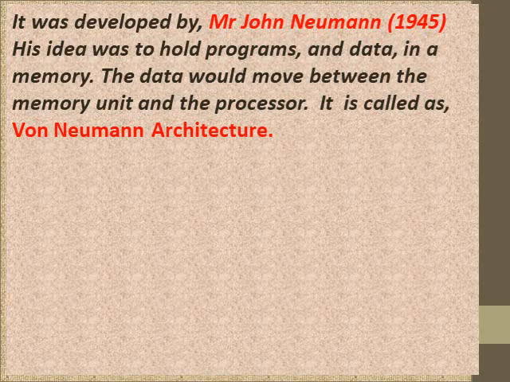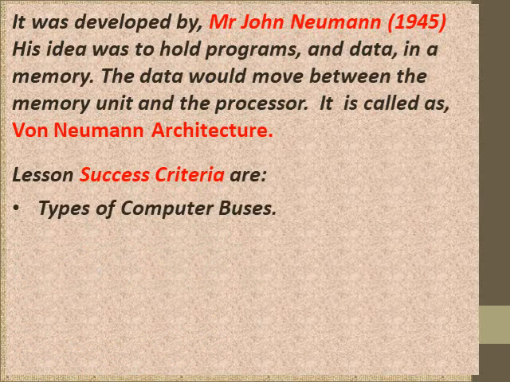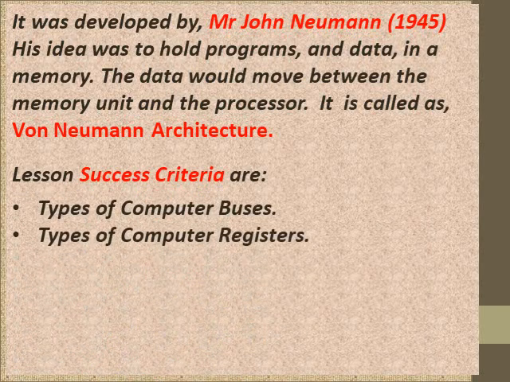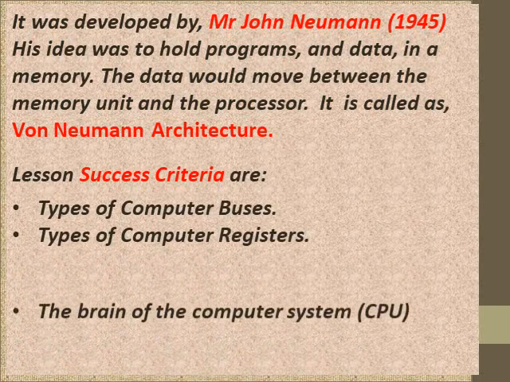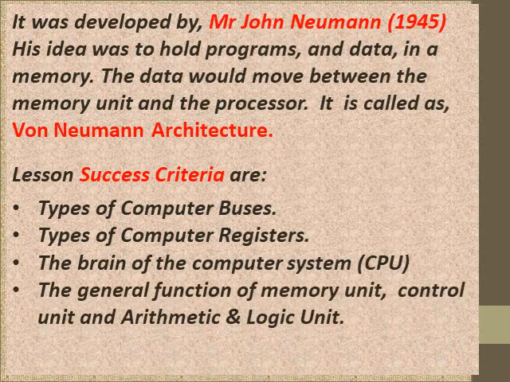Next few slides, I will be explaining the details about the features involved in the computer architecture, as follows. Types of computer buses. Types of computer registers. The brain of the computer system, which is the CPU. The general function of memory unit. The general function of control unit.